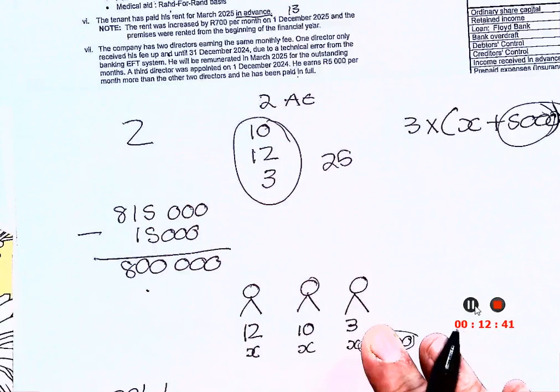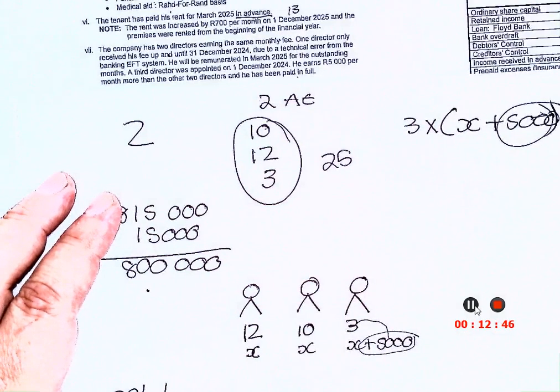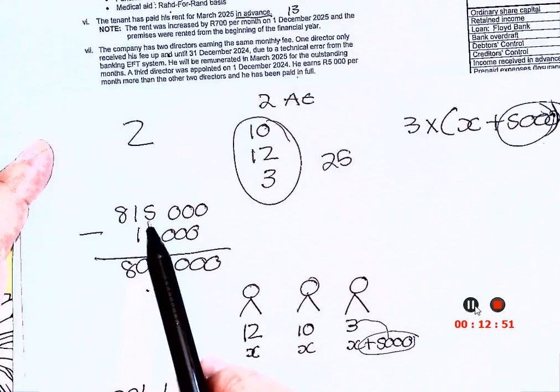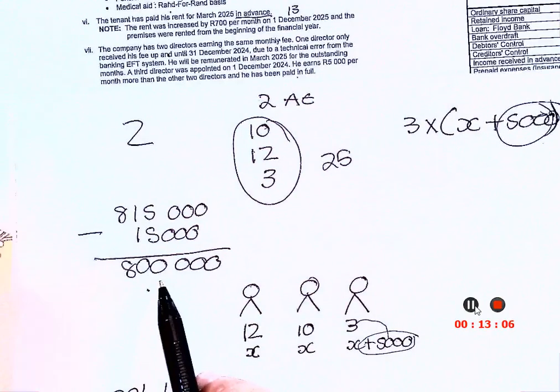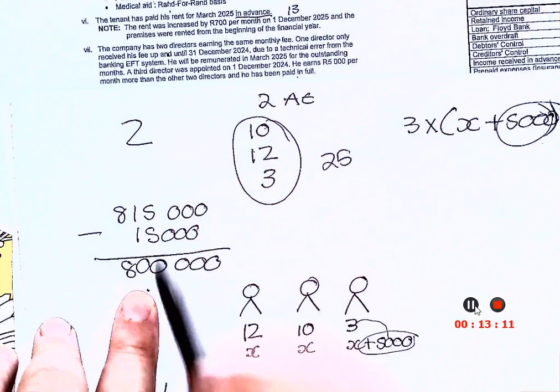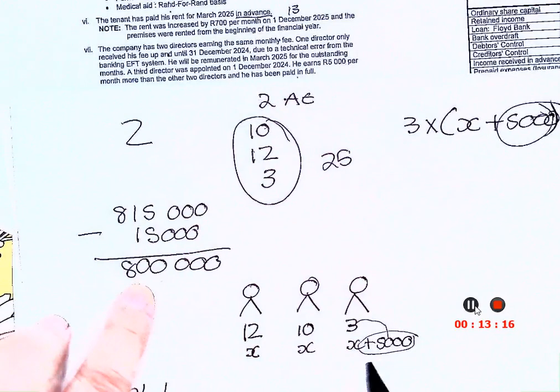So I say, okay, for 3 months, he earned 5,000 more. So if I take the total amount that I paid, the 815,000, and I take out that 3 times 5,000, that 15,000, then it's as if each one of them got exactly the same every month. Okay? So now I get 800,000 was paid in total. If I take out that 15,000, now they're all on the same place.